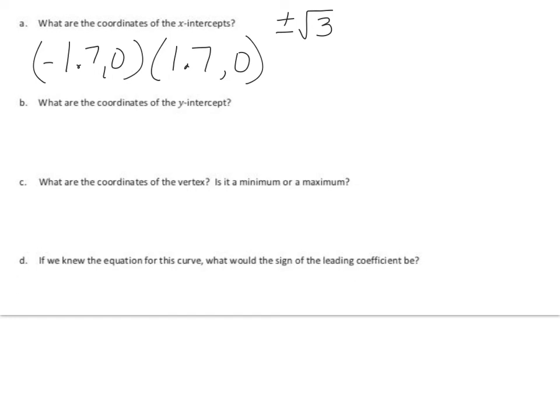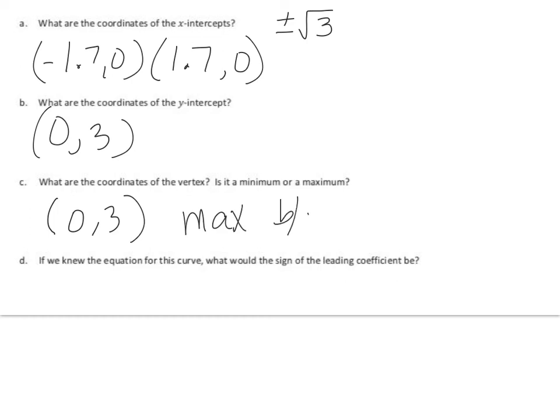What are the coordinates of the y-intercept? That would be (0, 3). What are the coordinates of the vertex? Also (0, 3). It's a maximum because it opens down.